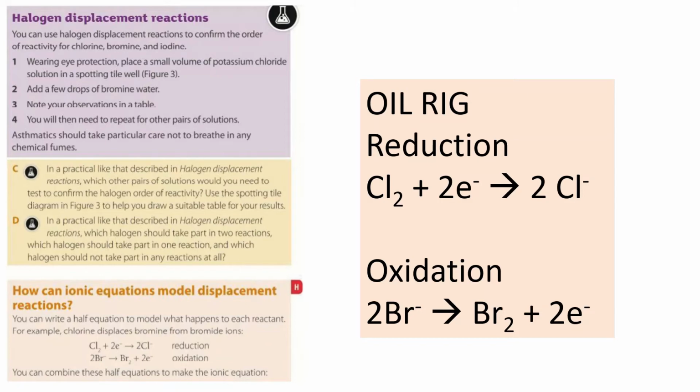In this case, the bromine has gained an electron, that's why it is negative. If it loses an electron, then it becomes diatomic. So in this case, you've got 2 separate bromide ions. They lose an electron. Once they lose an electron, it becomes diatomic bromine and 2 electrons.